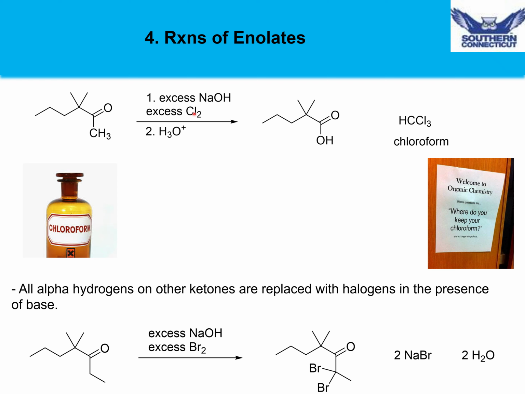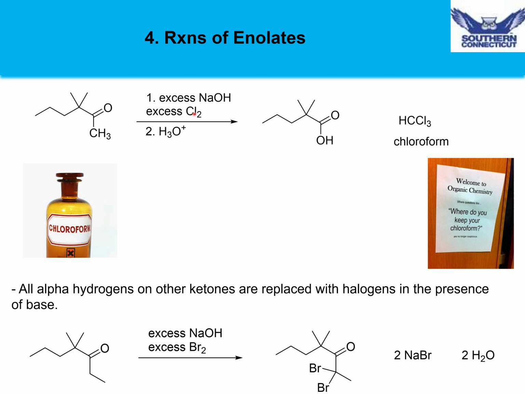This happens because these alpha hydrogens are initially replaced by chlorines, and then sodium hydroxide, or the OH specifically, will do an acyl substitution with this carbonyl to replace the leaving group here, and we end up with the carboxylic acid. The byproduct of this reaction will be chloroform.